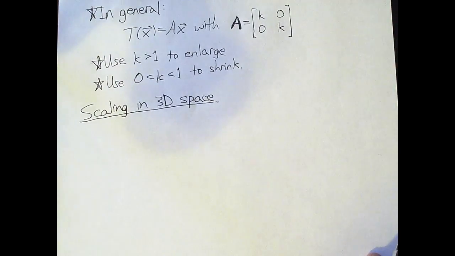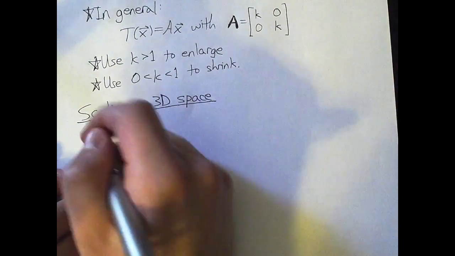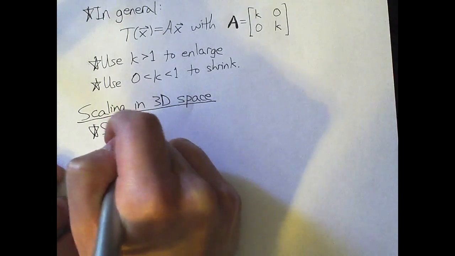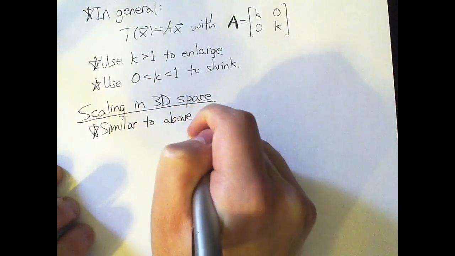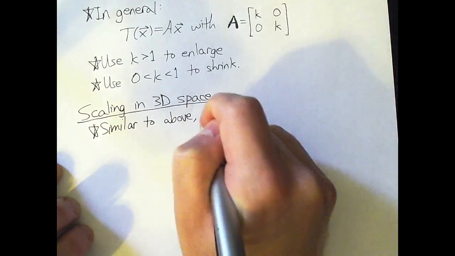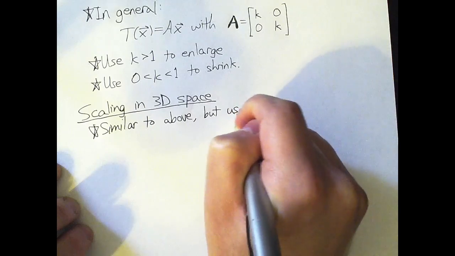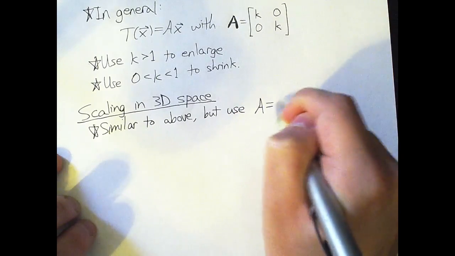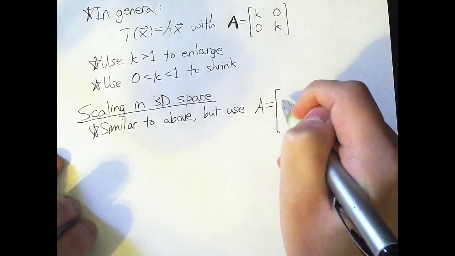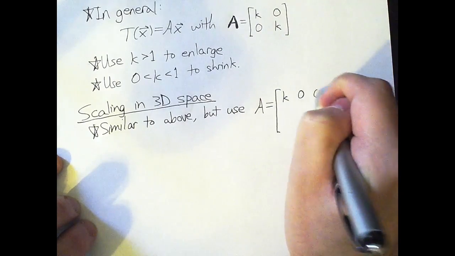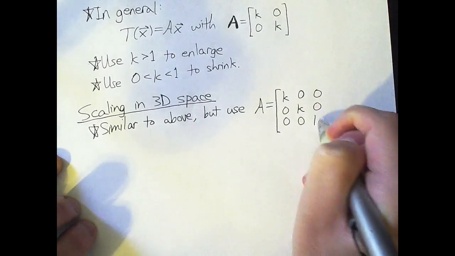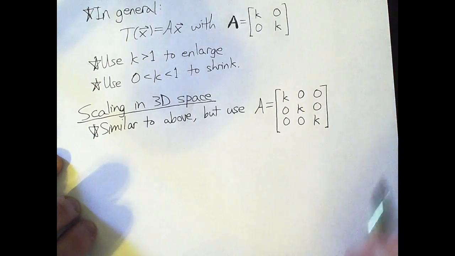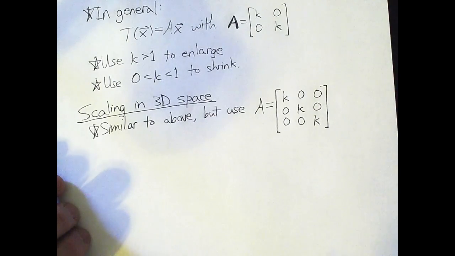And we could use a similar strategy to what we did above. You could figure out what it does to the basis elements. But this has to be a 3x3 matrix, and it's going to be this matrix. Looks kind of like the identity matrix, but instead of ones, it has a different constant there.